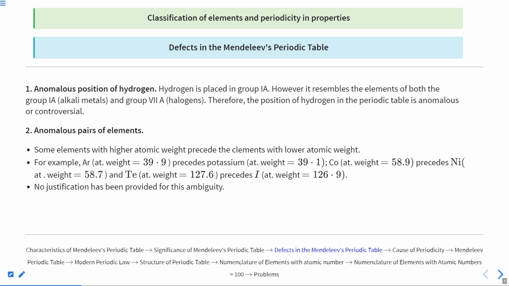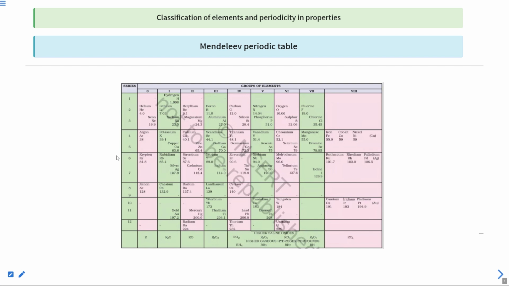If you go back, iodine is placed here, 126.9. Although it has a greater atomic weight than tellurium, it is not placed between antimony and tellurium. It is placed after tellurium. This was not justified, but still he did it with the help of physical and chemical properties. But the law he predicted was wrong.